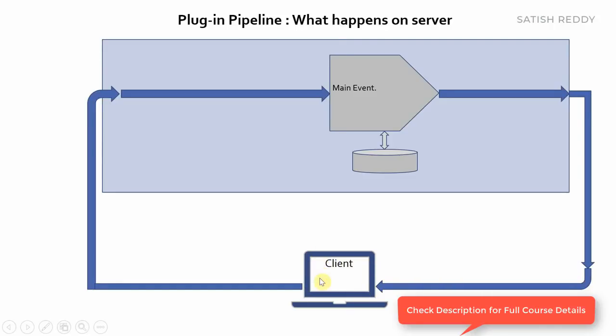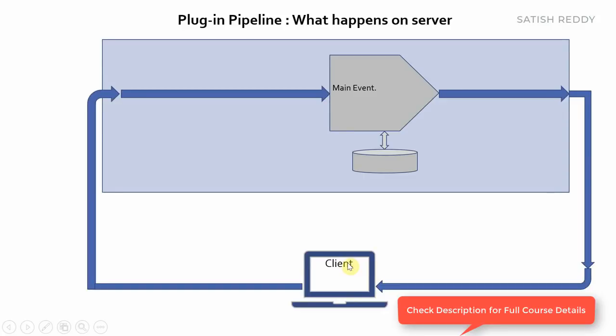When he saves the contact record, the data is passed to the server, and then the main event. What is the main event here? We are assuming the contact entity create event. The platform pushes the data into the database, and then the response comes back like this, and the page is reloaded. Now you see the saved contact.